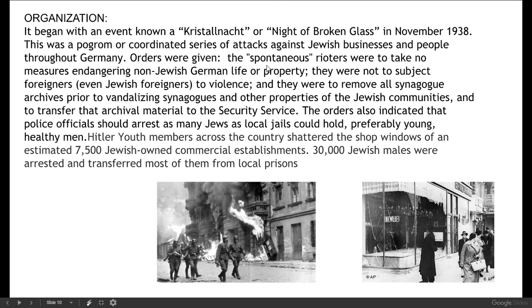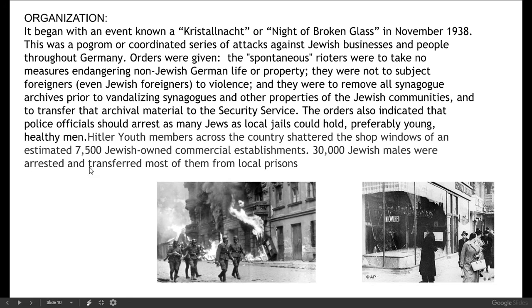Orders were given that the spontaneous rioters were to take no measures endangering non-Jewish German life or property, but they were not to subject foreigners to violence, but they were to remove all synagogues' archives prior to vandalizing synagogues, and any property of Jewish communities. And they were to take all of their material and confiscate it.